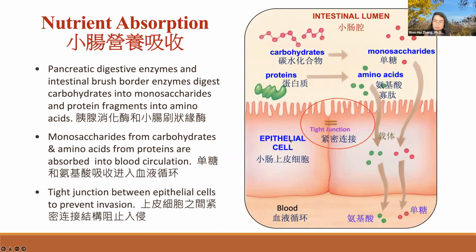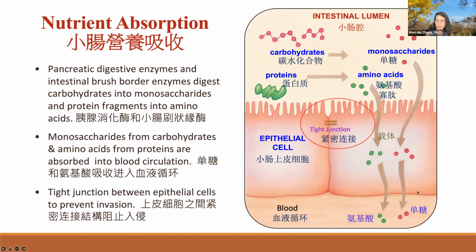And here, this shows the epithelial layer. So between the epithelial cells, there is tight junction. The tight junctions are to prevent invasion of pathogens and incompletely digested foods, especially incompletely digested proteins.